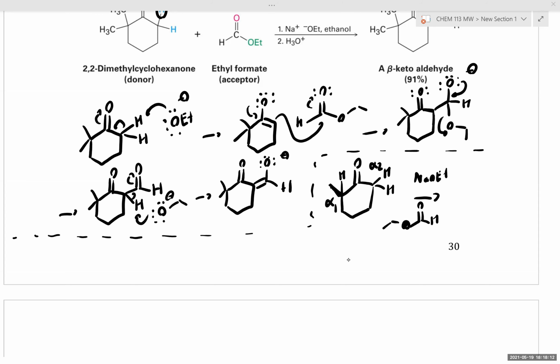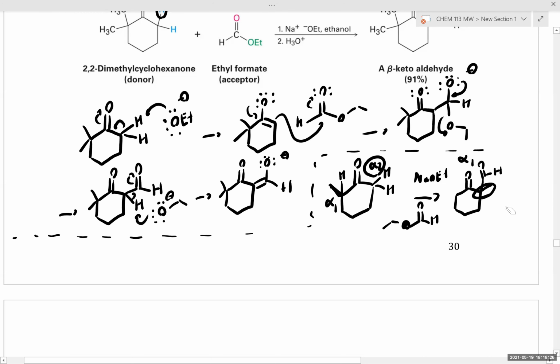We have a lot of students typing alpha 2. To explain why, let's look at what happens for alpha 1 and alpha 2. So at alpha 1, we notice that we don't have a hydrogen. There's no hydrogen available. So we would see retroclaisen.